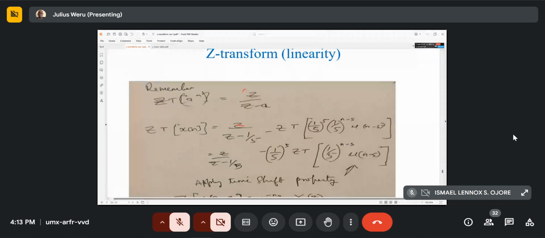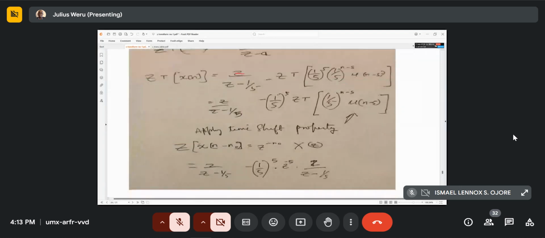Because we want to apply the time shifting property. That's why we want to write it in this form. The Z transform of this is Z to the minus n naught X of Z. So it's simply Z to the minus 5 X of Z. That's what we are saying.